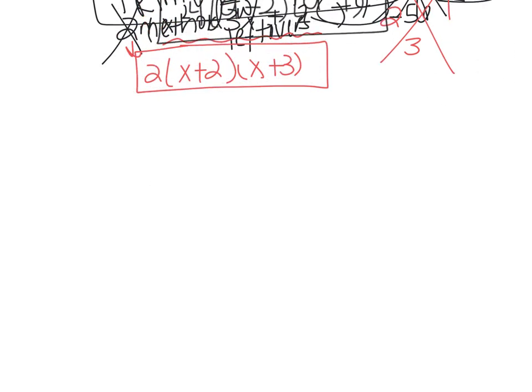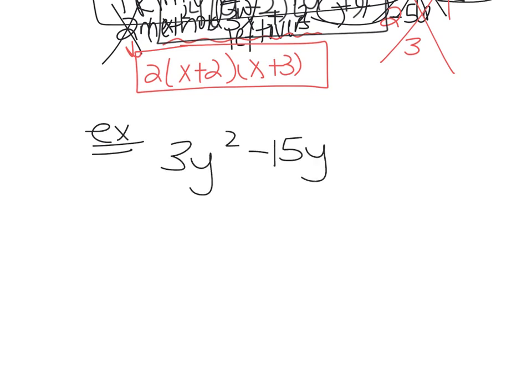All right, let's go ahead and do another one. 3y squared minus 15y plus 18. First question you always ask yourself, is there a GCF? Is there? You betcha. What do they have in common?